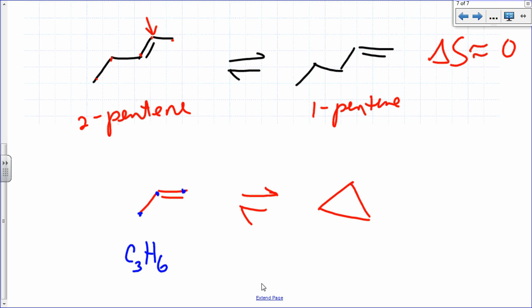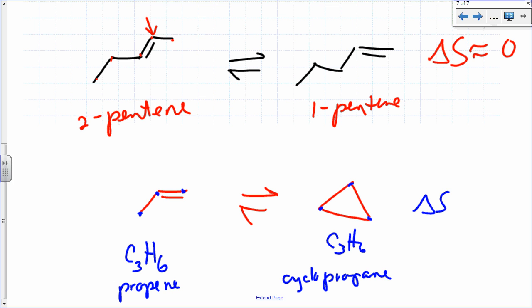What is this called? Propylene. What is this thing? You've got 1, 2, 3, that's also C3, and each carbon has how many hydrogens? 2, so that's C3H6. What would you call this one? Cyclopropane, right?